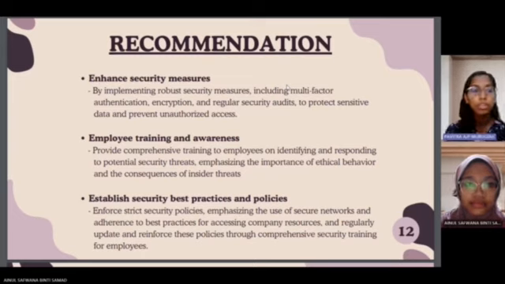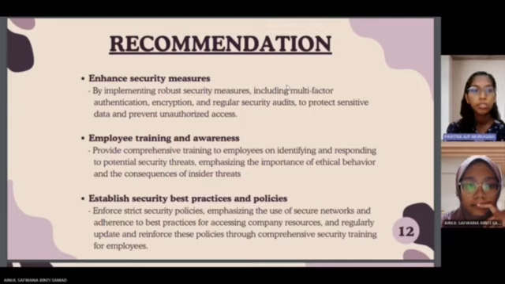Moreover, we also would like to recommend employee training and awareness, which will provide comprehensive training to employees on identifying and responding to potential security threats, emphasizing the importance of ethical behavior and the consequences of insider threat.